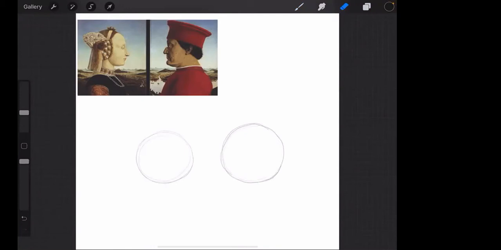And you can define the chin line, and find the center line. So I'll make the Duke's face longer.